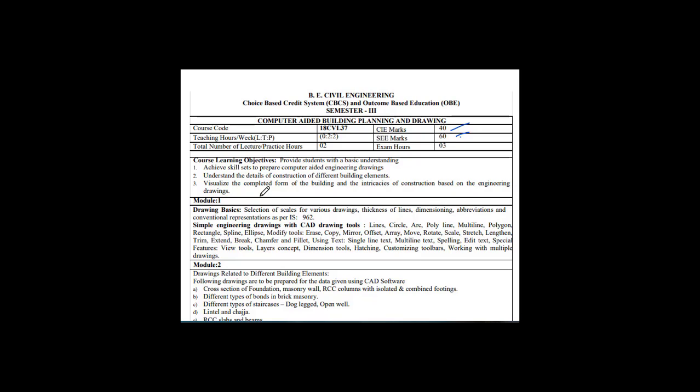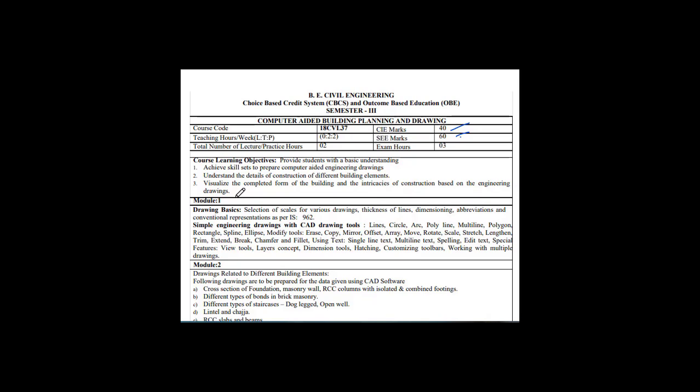The third course objective is to visualize the completed form of the building and the intricacies of construction based on the engineering drawings. Whenever we begin a new project, we go for pre-planning. Before execution, we plan that structure.